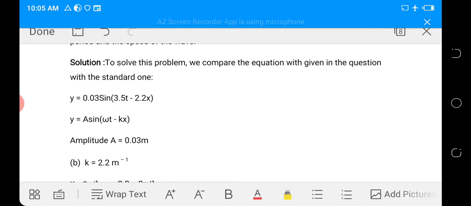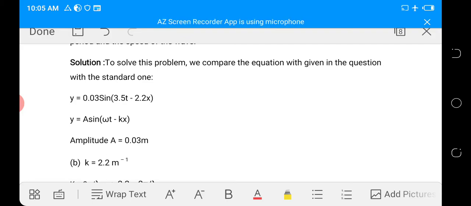That is telling us that the wave in question is traveling towards the negative x axis. So the standard equation we are going to pick will be the one where x is also negative. That is why we pick the standard one of y = A sin(ωt − kx).